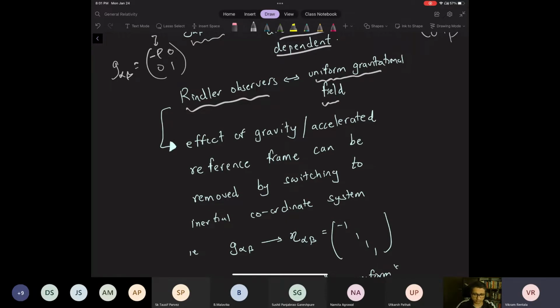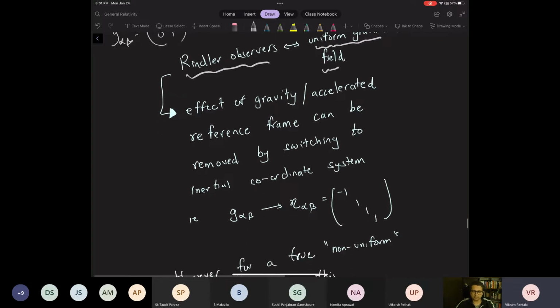The equivalence principle says there is no way to tell the difference between uniform acceleration and a constant gravitational field. As we've seen, you can remove the effect of this gravitational field or accelerated reference frame. That is, you can go away from the coordinate system rho, eta.